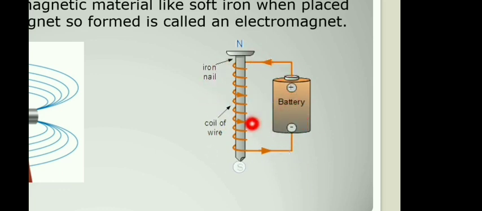So as long as current is flowing through this coil, it behaves like an electromagnet. The moment you switch off the circuit, it stops behaving like an electromagnet. Okay, and the uses of electromagnet will be discussed in our coming sessions.